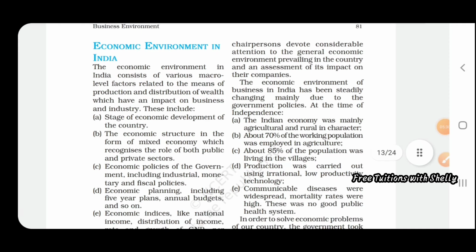The economic environment in India consists of various macro level factors related to means of production and distribution of wealth.